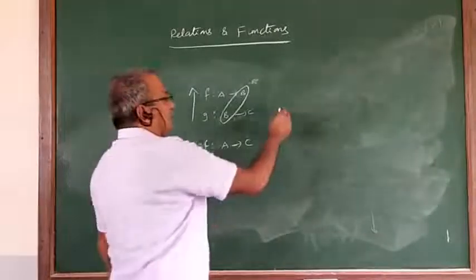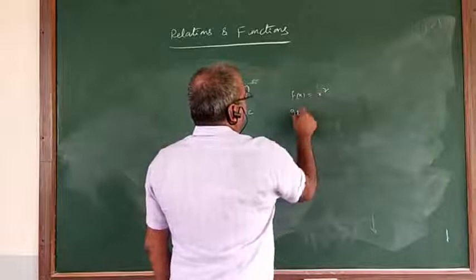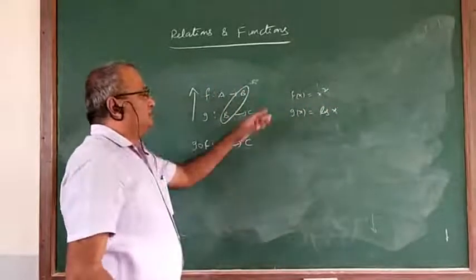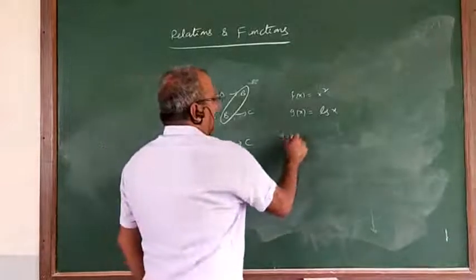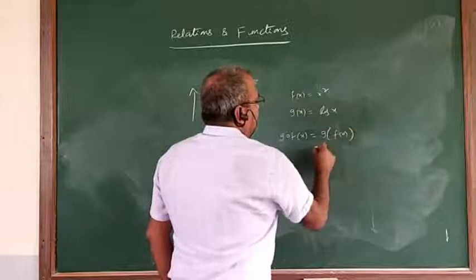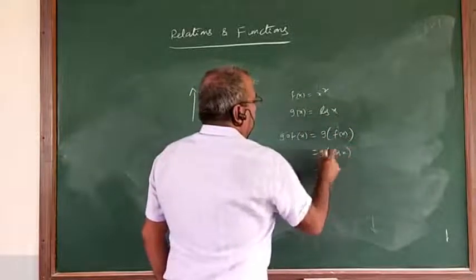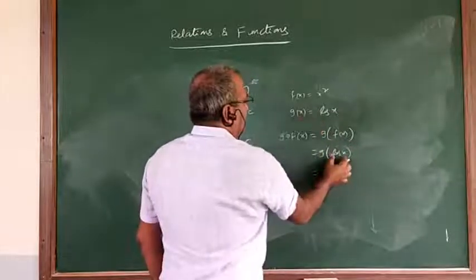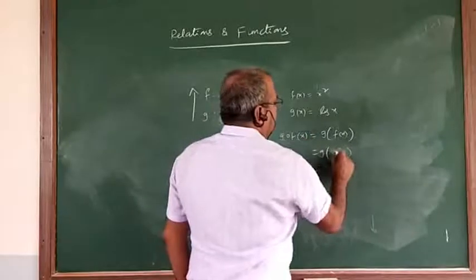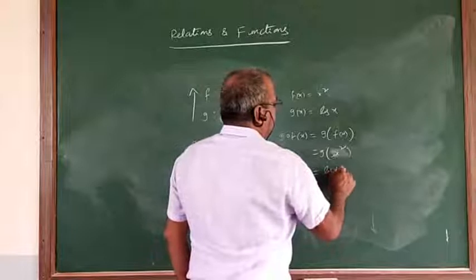For example, f of x is equal to x square, g of x is equal to log x. Now, by composition of these two, g circle f of x is equal to g of f of x, which is equal to g of x square, which means log x square.